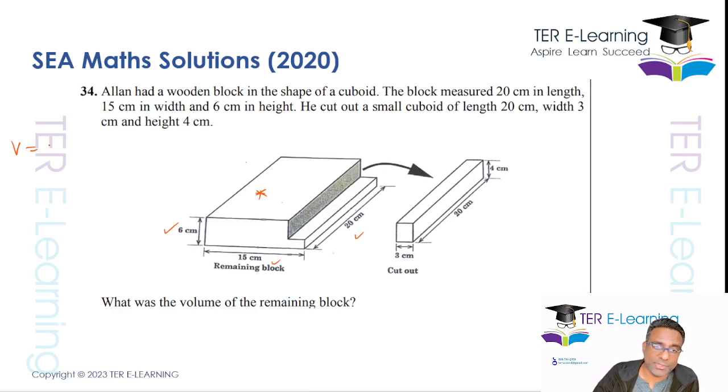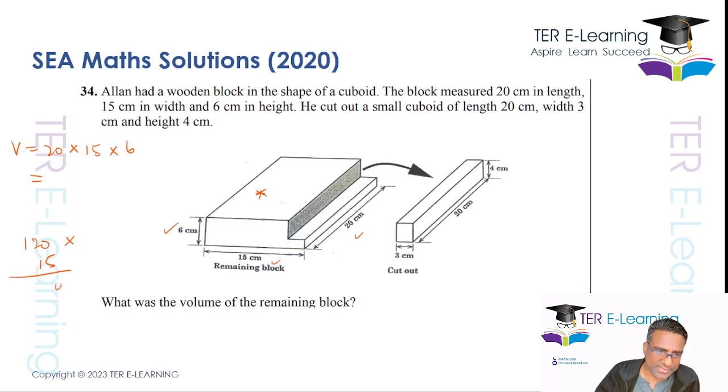So in this case, it's going to be 20 multiplied by 15 multiplied by 6, right? We need to work out that volume first. So what we can do, let's say 20 by 6 is 120. So you can take 120 and multiply by 15.